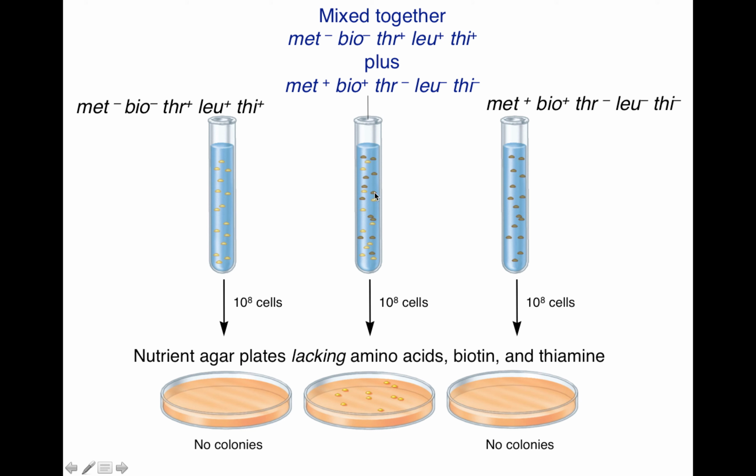But when they mixed the two strains together, they ended up with a few bacterial colonies on this minimal media. These colonies are prototrophic. These colonies are now Met plus, Bio plus, and threonine plus, leucine plus, and thiamine plus. So we combined the genetic information from this strain and this strain to produce prototrophic colonies.